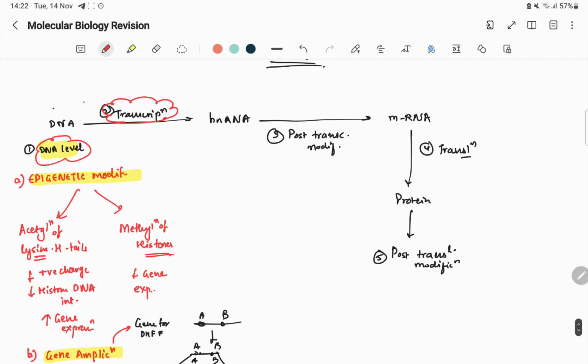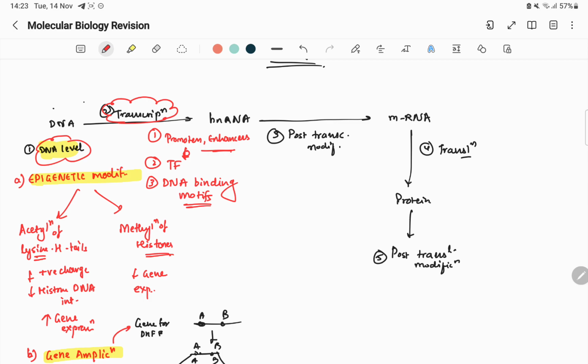Then regulation at transcription level. Regulation at transcription level is mainly by the regulatory elements like promoters and enhancers, along with transcription factors and DNA binding motifs, which I taught: the helix-turn-helix motif, the helix-loop-helix motif, and the leucine zipper motif.